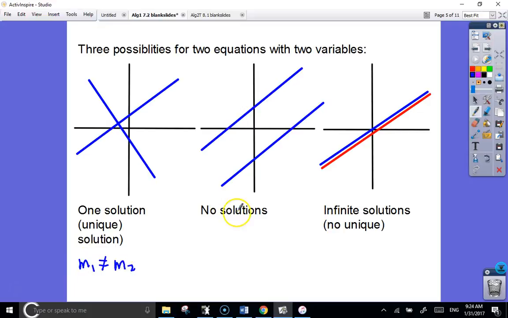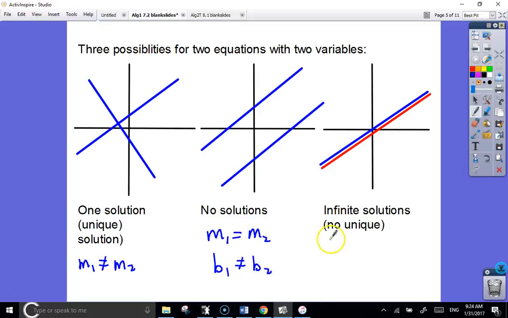What does it mean if they're parallel? That means that their slopes are equal. What does it tell you about their y-intercepts? They're not equal. If they had equal slopes and equal y-intercepts, it'd be the same line. So you have to say that the B's are not the same.